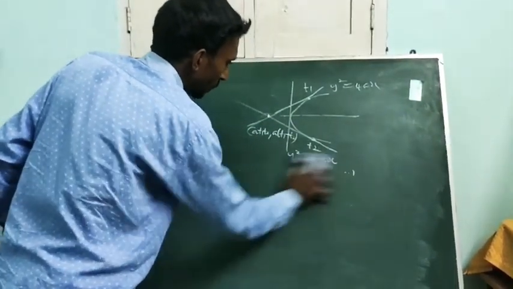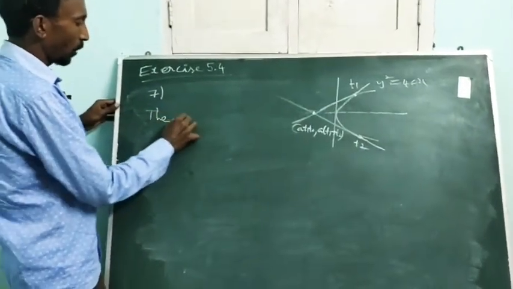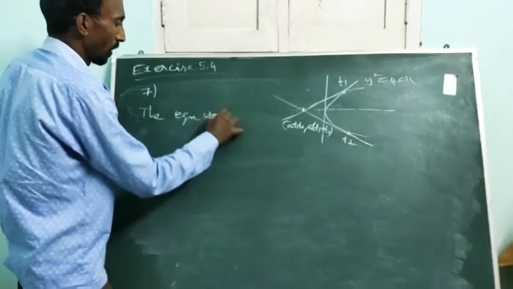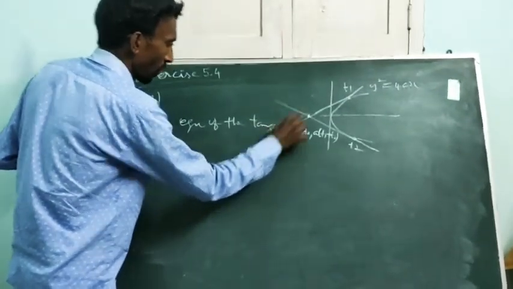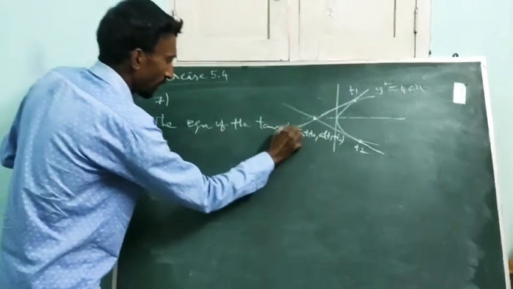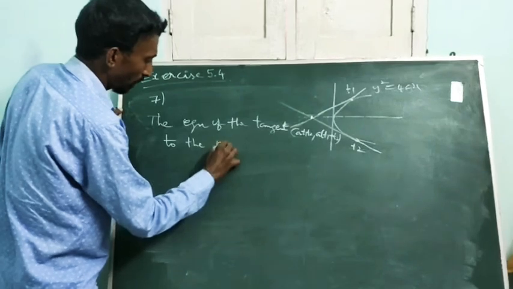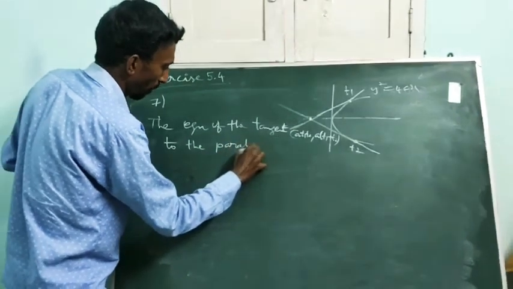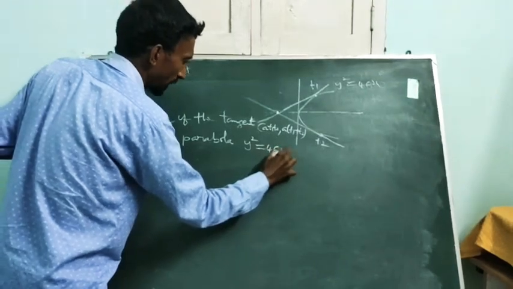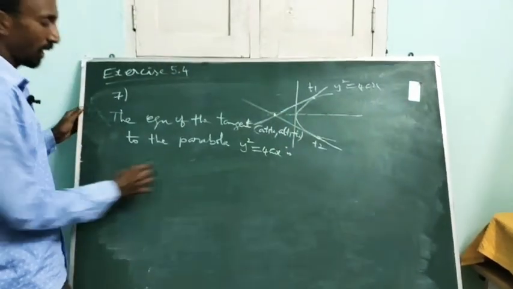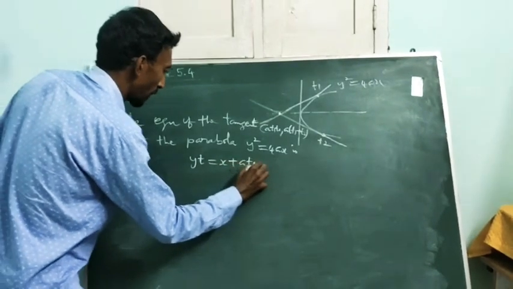So now look at that equation. Remember this method. Now the equation of the tangent to the parabola y square equal to 4ax, I am writing directly, yt equal to x plus at square.